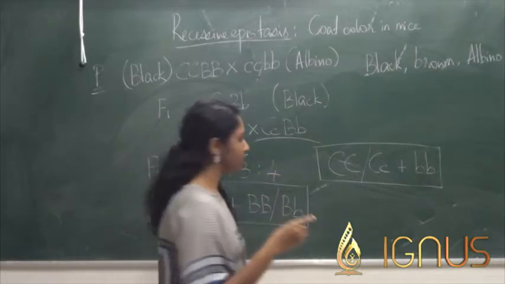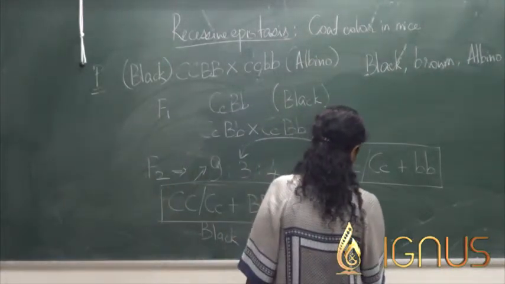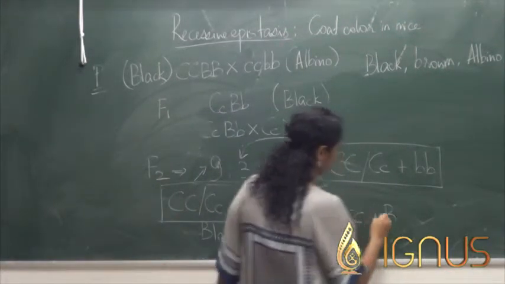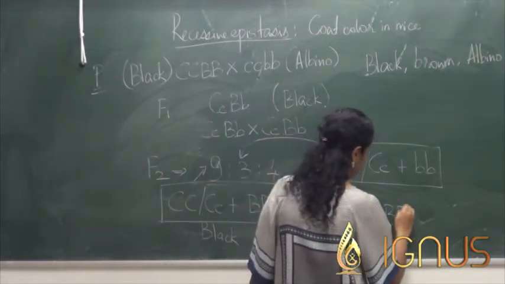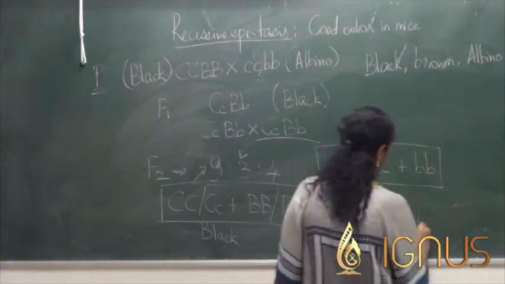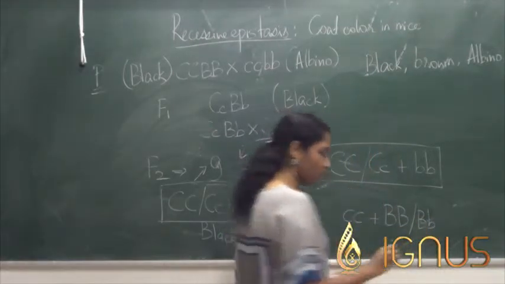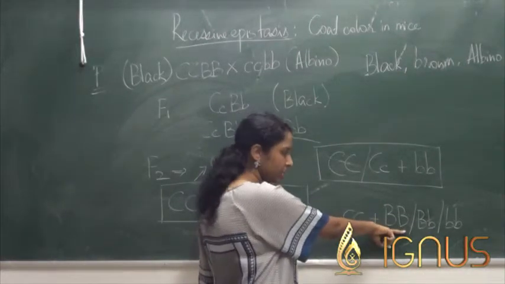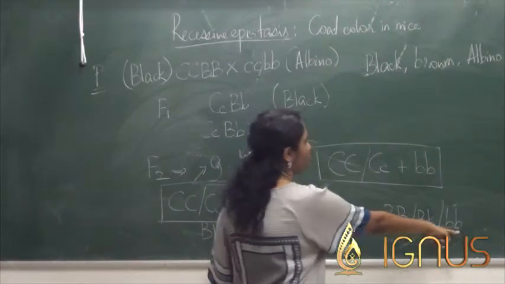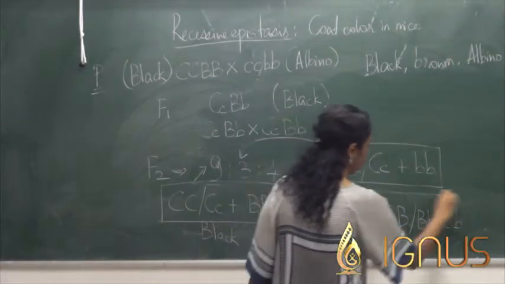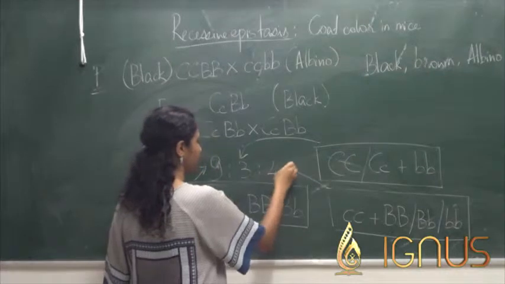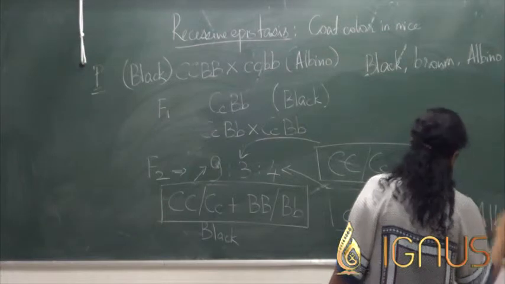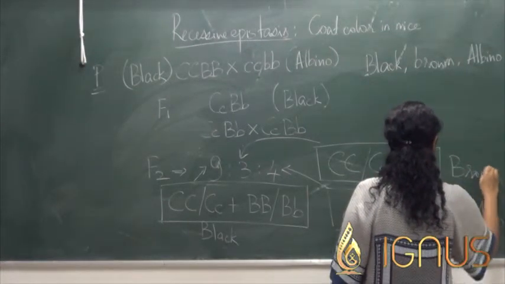Now albino is going to be when you have homozygous recessive C in combination with either homozygous dominant B, heterozygous dominant B, or homozygous recessive B. So it can be homozygous dominant, heterozygous dominant or homozygous recessive. Any of these combinations is going to give you albino. This one is brown, right?